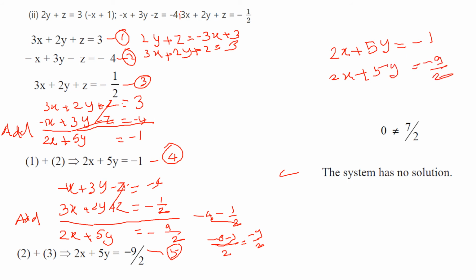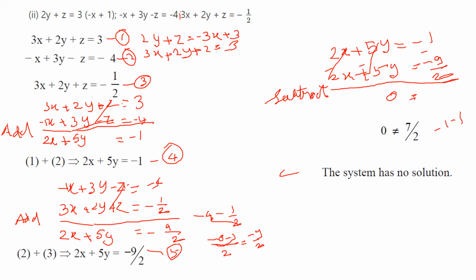Subtract, which means in the second equation we change the sign: plus 2x becomes minus, plus 5y becomes minus, and here also minus. 2x minus 2x, unlike signs with the same term, cancel, 0. 5y minus 5y also cancel, here 0. Equal to minus 1, minus of minus 9 by 2.